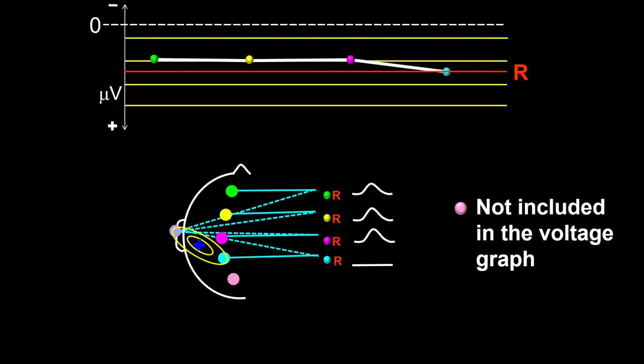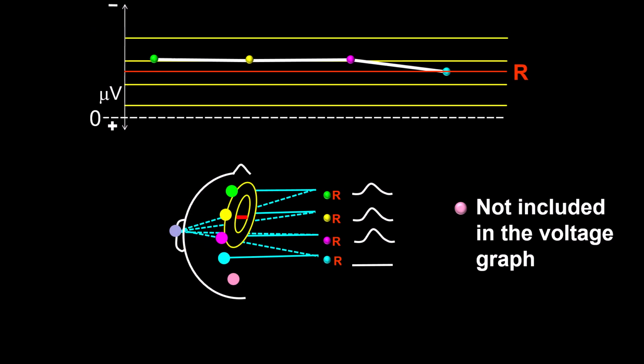This frame shows the voltage graph and isopotential map of a positive field involving the last electrode and the reference electrode. A similar waveform pattern can be produced by a negative field that involves the three anterior-most electrodes equally. That is, all three electrodes being in the same voltage zone.